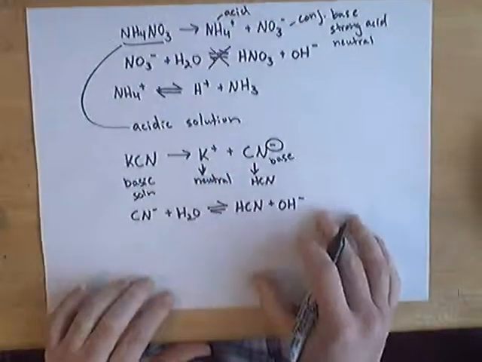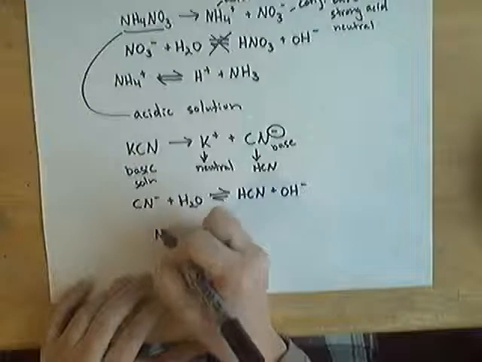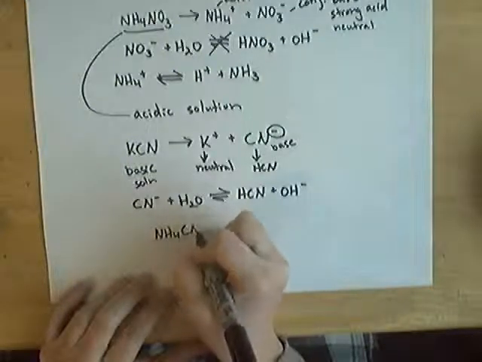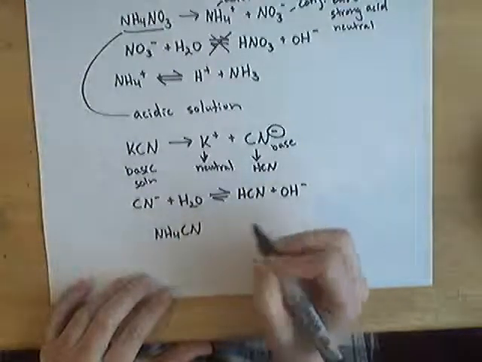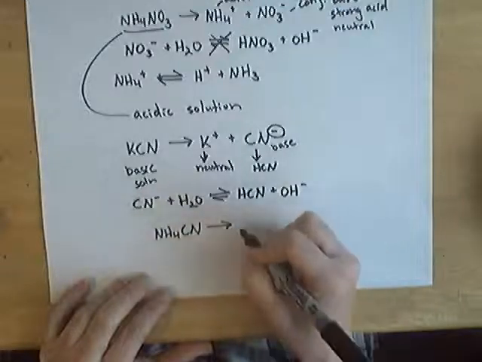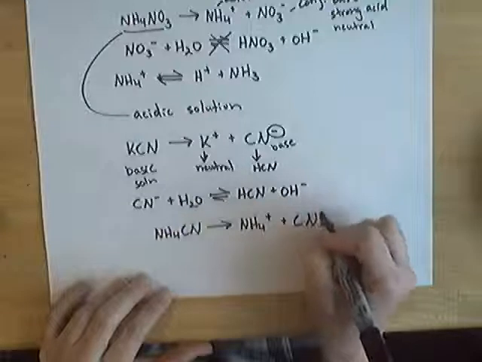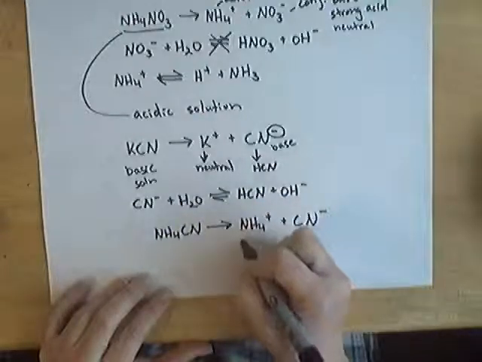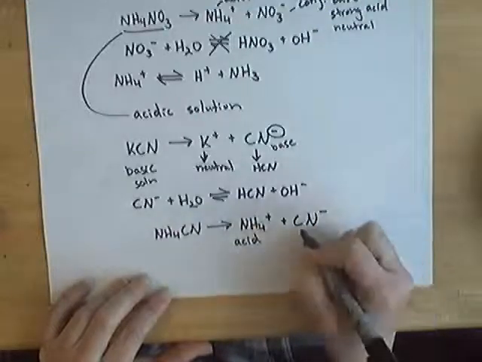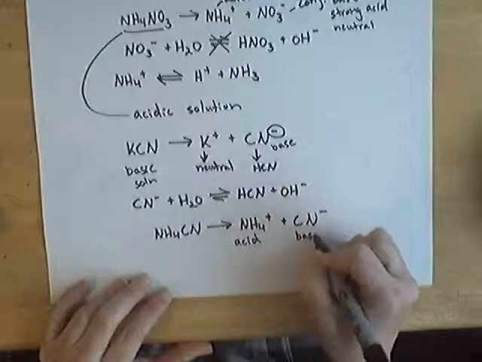So what about this case? What if I added ammonium cyanide to water? All ammonium salts are soluble, so now we get this. We've already decided the ammonium is an acid and the cyanide is a base.